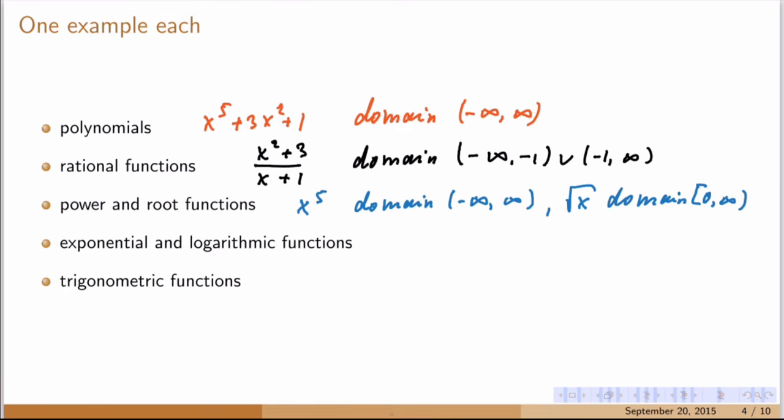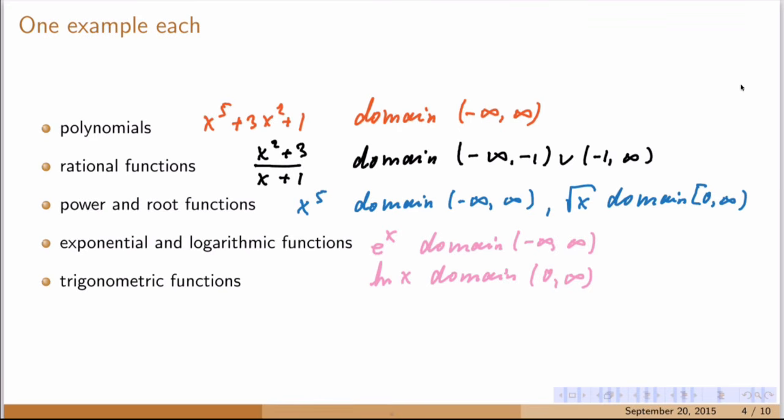So the square root function will be continuous for all non-negative values of x. Exponential and logarithmic functions. The exponential function e to the x has a domain minus to plus infinity. The natural logarithm has a domain from 0 to infinity, where now 0 is not included.